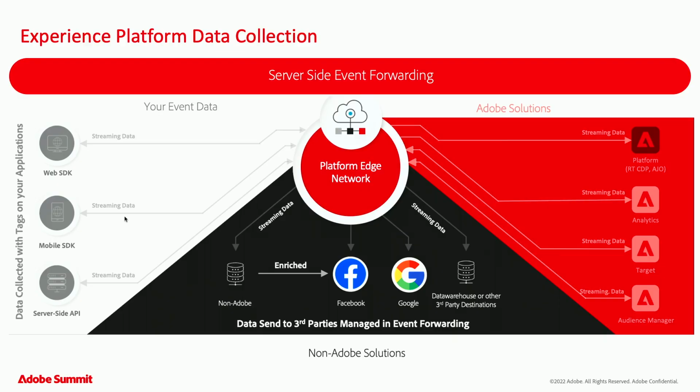That third party could be Facebook or Google, or it could be just your own data lake. You just want to send it directly to your data lake. That's a possibility as well. That's an add-on SKU, whereas using edge data collection by itself just comes out of the box. If you're licensed for these products, you can use this. Event forwarding is just an additional SKU, for what it's worth.